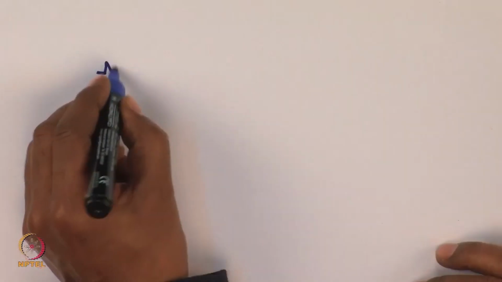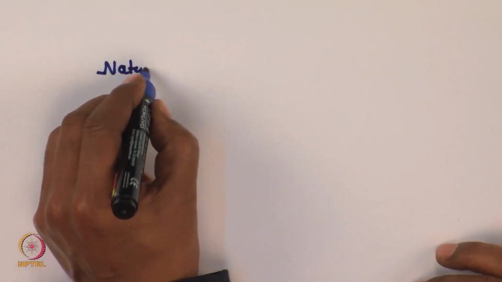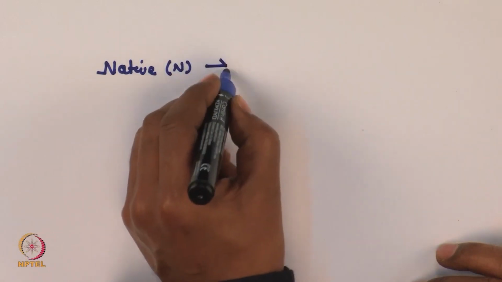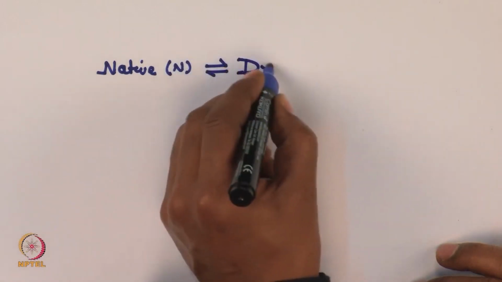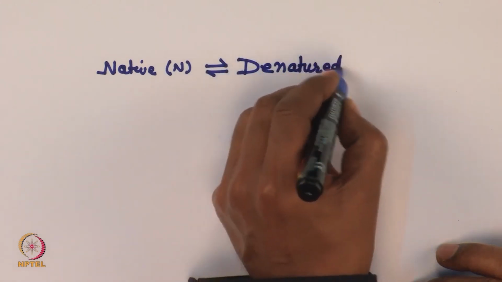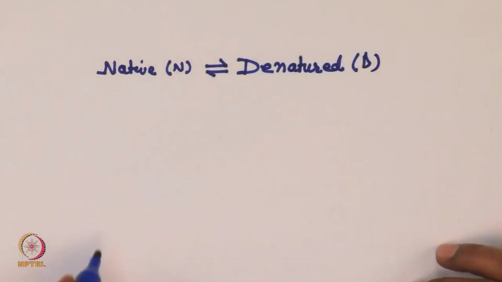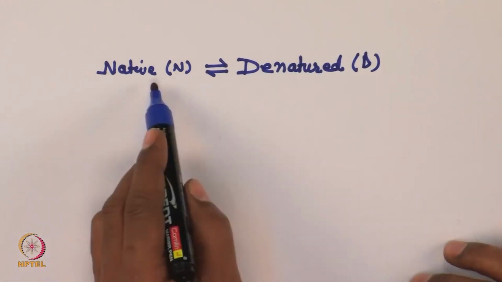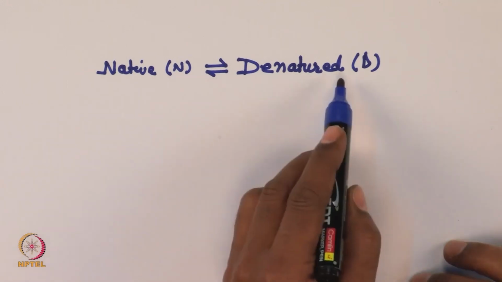We are talking about the native state of the protein N and its equilibrium with the denatured state, which is D. I will refer to this as the reaction mechanism.